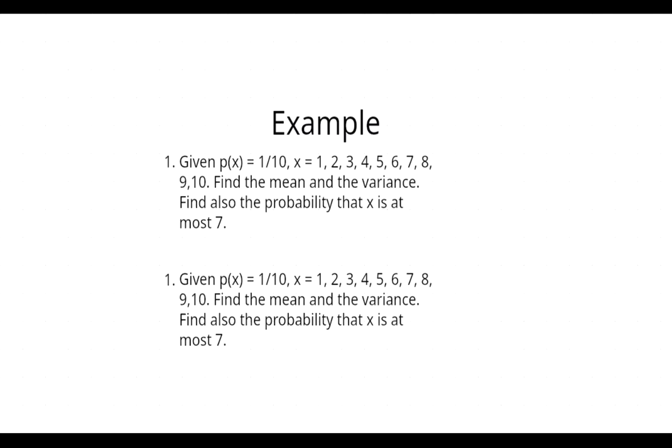So you don't need too much to know that this is a uniform distribution. The moment you see 10 here, 1 on top, and 1 to 10 again here, you already know that this is a uniform distribution.